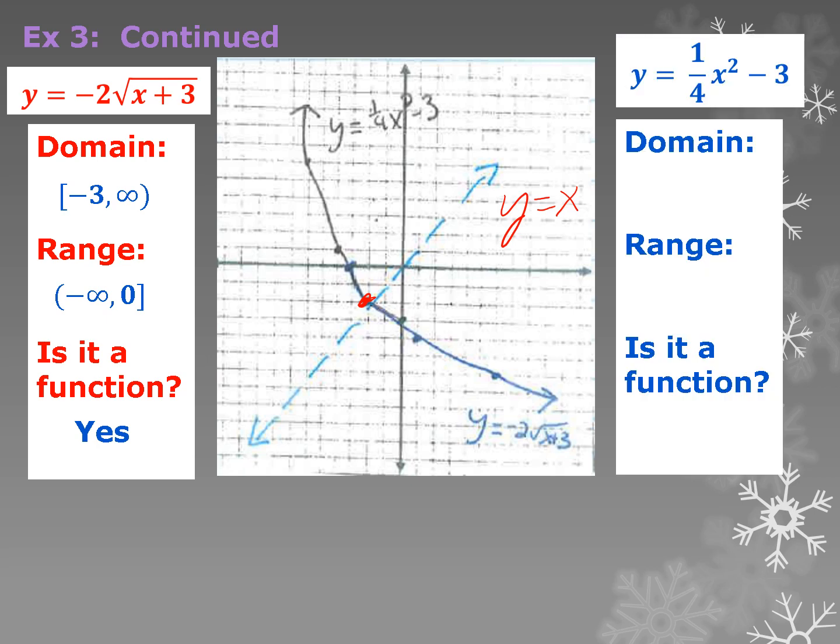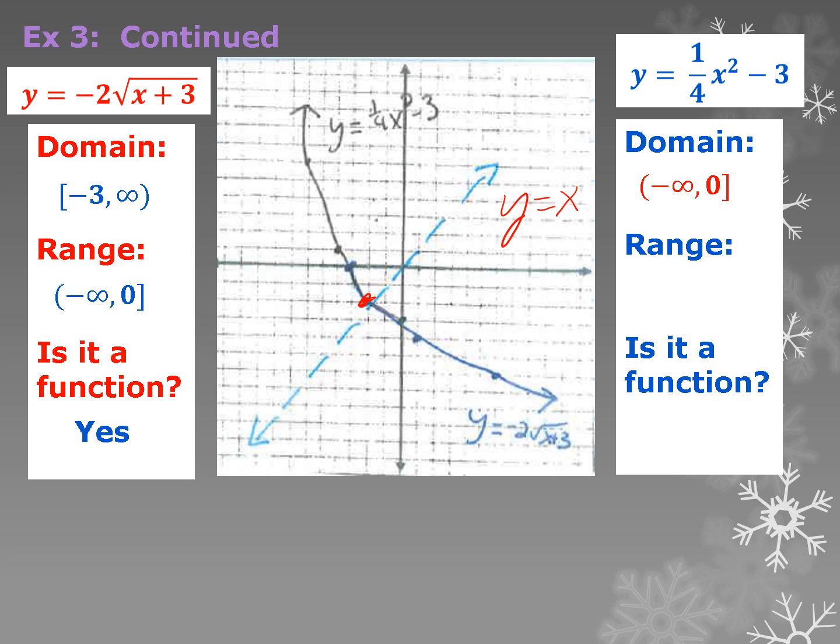Let's look at the inverse. So the domain of the inverse is negative infinity to 0 because it's going up and to the left. So it's negative infinity to 0, and this indeed does match the range of the original. Let's talk about the range of the inverse.